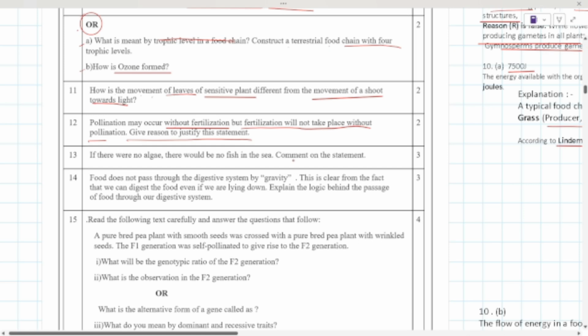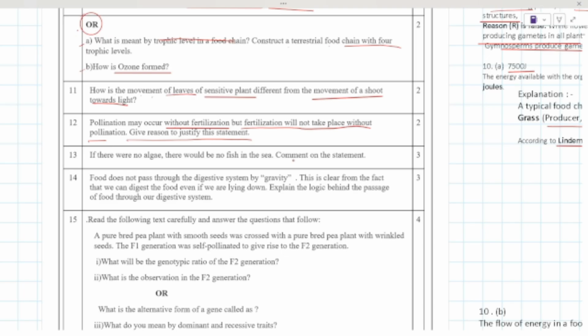Because pollination can be done by pollinators like wind and all, but it need not lead to fertilization. Fertilization requires the pollen grains to be fertilized.